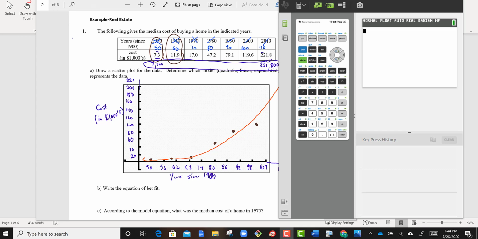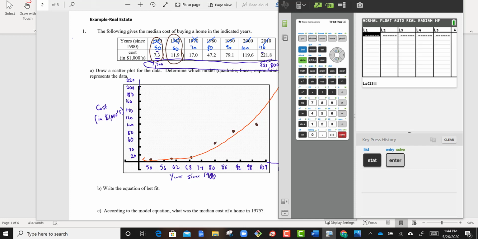All right, then we're going to input the data in the calculator. So these steps are online in paper format, but we're going to hit Stat Edit. We're going to make sure there are no items in L1, and then we're going to enter all of the x values in L1. Starting with 50, type it in, hit Enter, and work your way down.